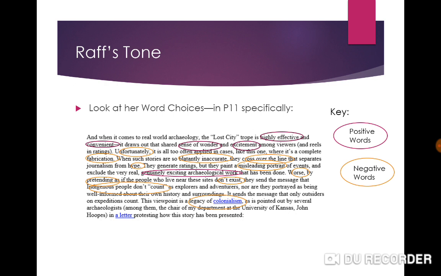Okay. Now, then she's acknowledging that there's some good things about the trope. It's going to sell. And remember, when we talked about Preston in this article, he's a writer for National Geographic. National Geographic is going to be happy if because of this article you buy their magazine. And Preston's going to be happy if because of this article you buy his book, right? They're trying to sell something.